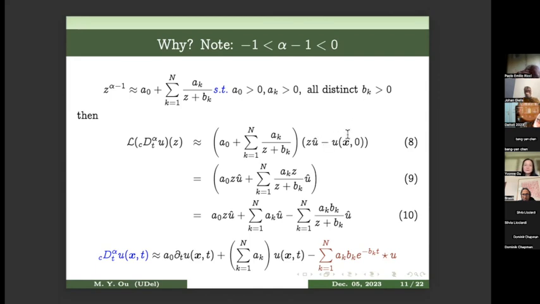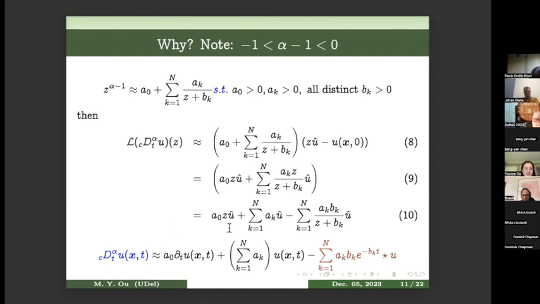And the initial value is 0. I do very simple algebra, and in the end I get line 10. So in the transform domain, with this approximation, the Laplace transform of the Caputo derivative will be a real number times z times the transform of u, plus this and plus this. But then I can go back to the time domain and ask what I get.